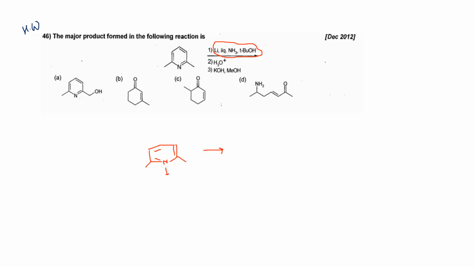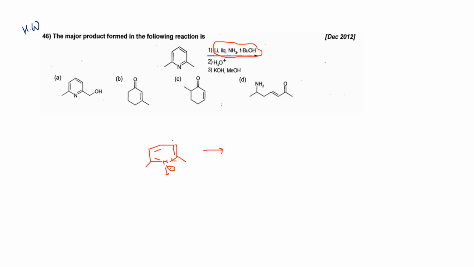This nitrogen has already 3 bonds in it, so it will not show any plus M effect in this ring. The ring is already aromatic without the involvement of the nitrogen lone pair. Instead, because of its electronegativity, it shows some minus I effect.